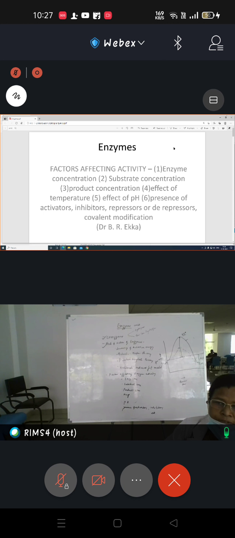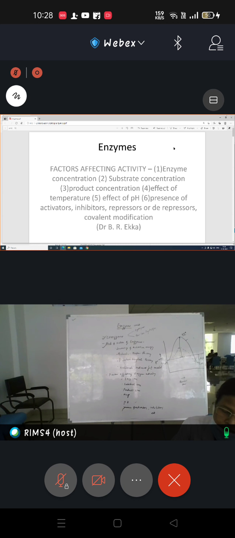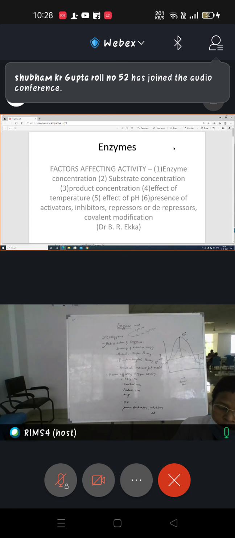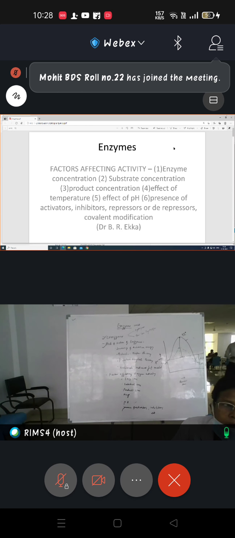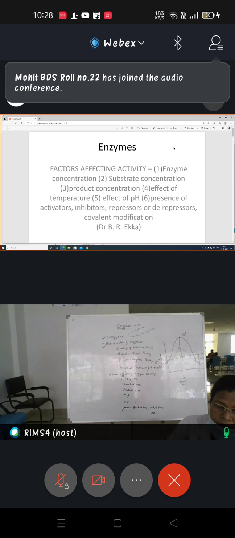Activation energy is defined as the energy required to convert all molecules in one mole of the reacting substance from the ground state to the transition state.